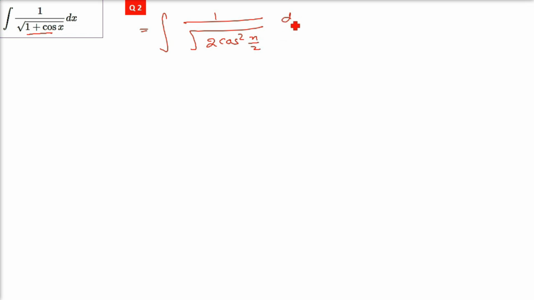It's 2 cos square x by 2 dx. 1 by root 2 you can take outside. Under root cos square x by 2 is simply cos x by 2, as we just discussed. And this is 1 by cos x by 2, so it will go up and form sec x by 2.